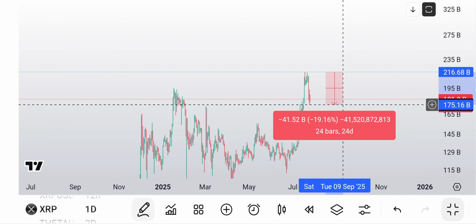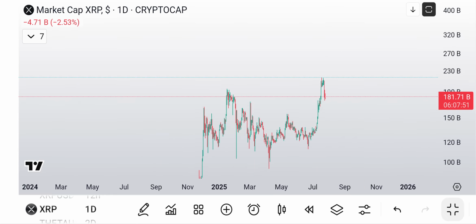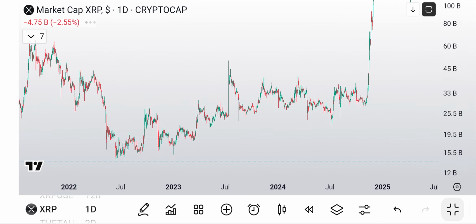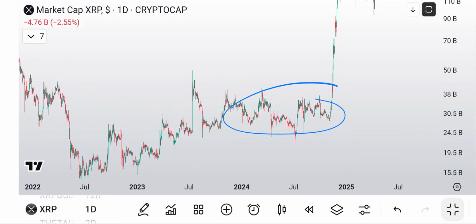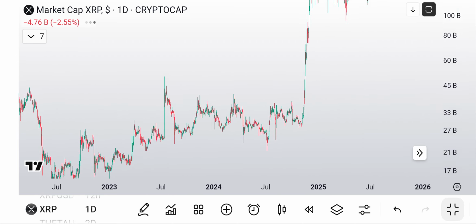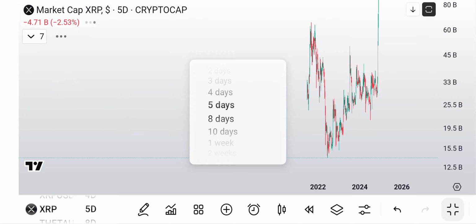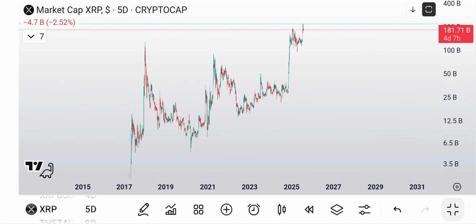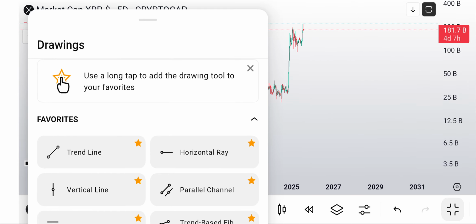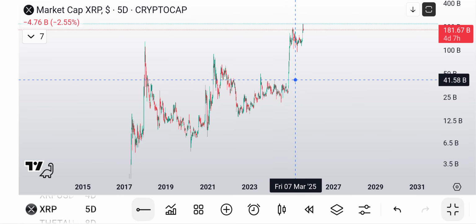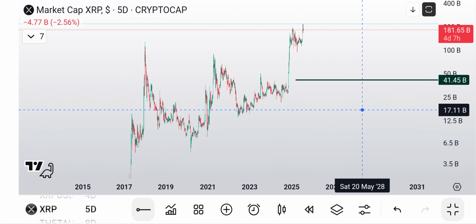So if you look at why that's significant, if you go back in time, look where we were over here. We weren't even 40 billion. So basically, we pulled back. Let me zoom out here. And let's put 41 billion right there.